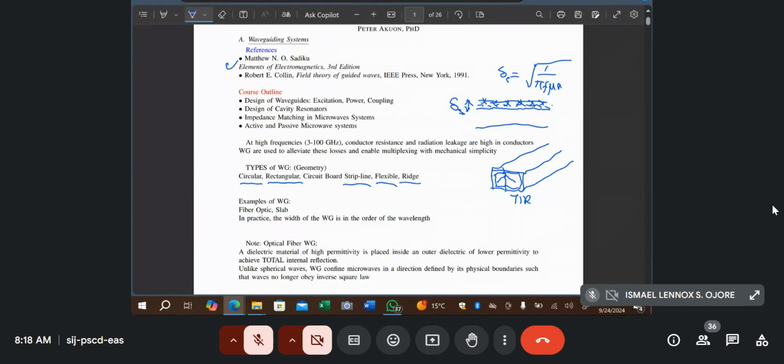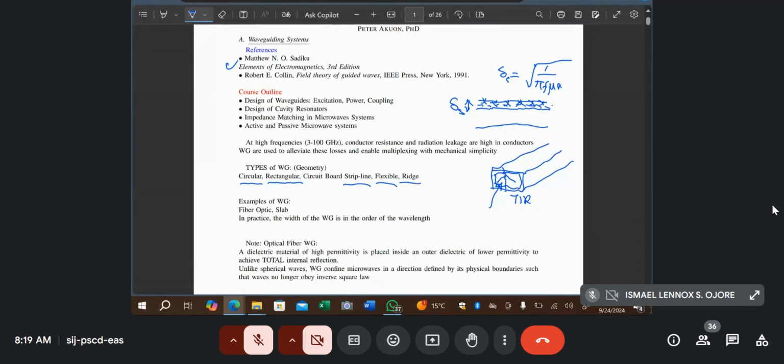Depending on the application that you want to use your waveguide for, you will be using different shapes to achieve those specifications. The width of the waveguide is normally desired to follow the wavelength of that wave. So it means you need to confine the wavelength within this hollow structure.